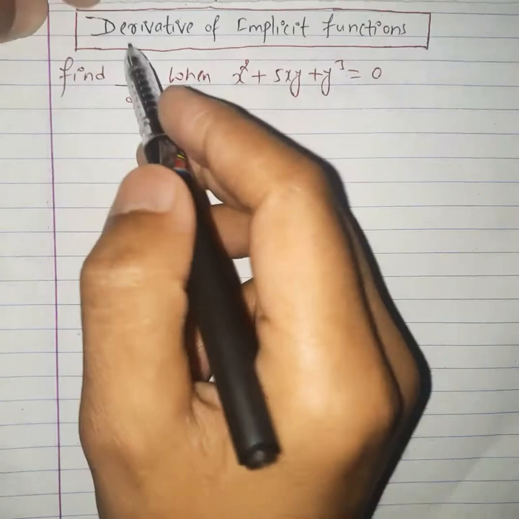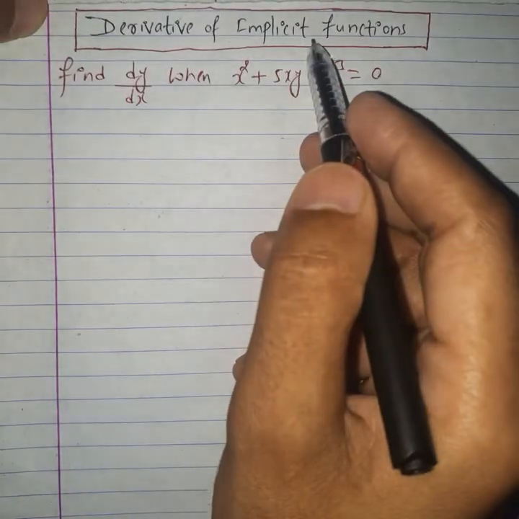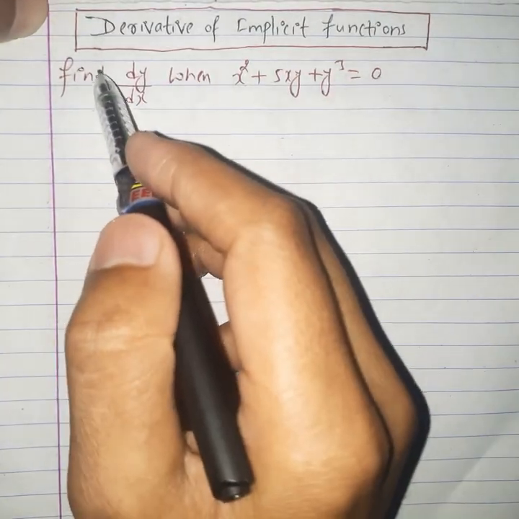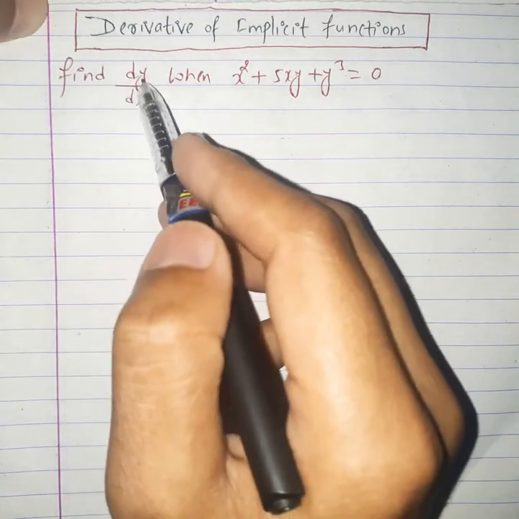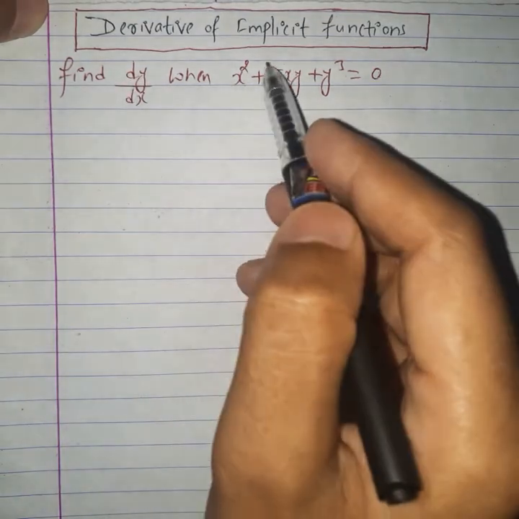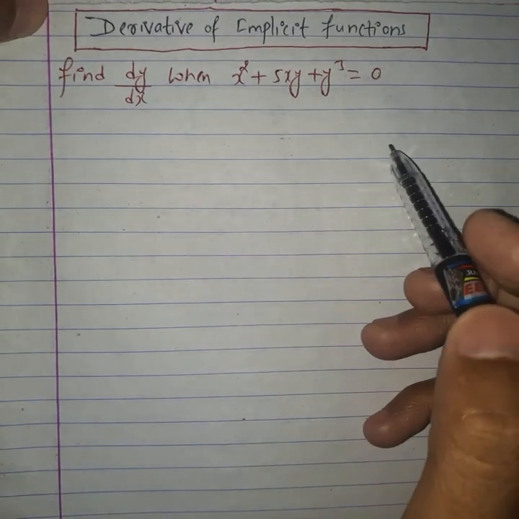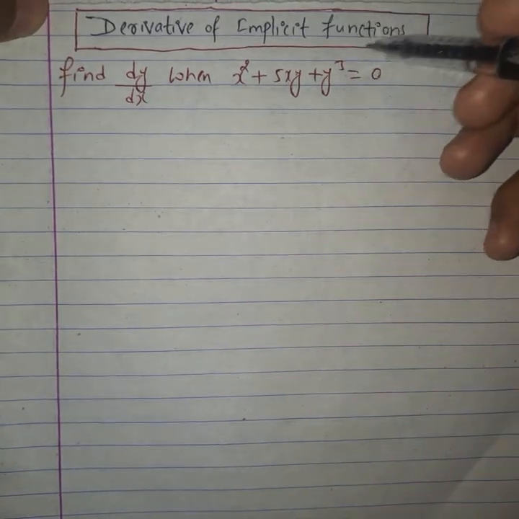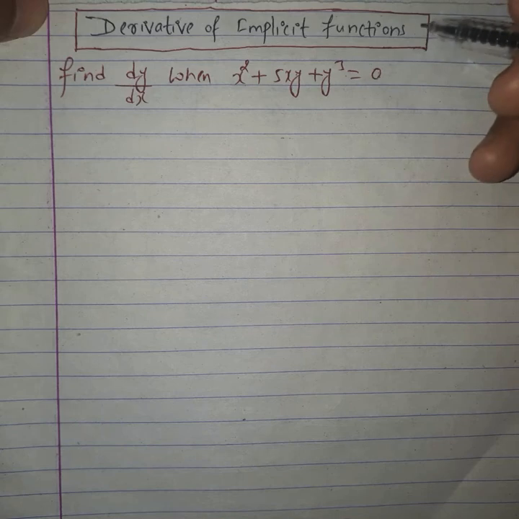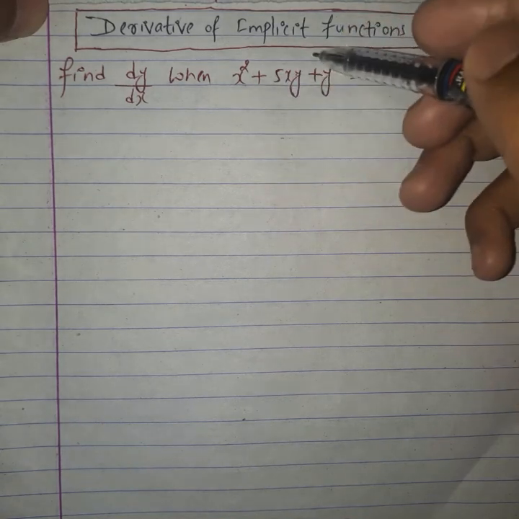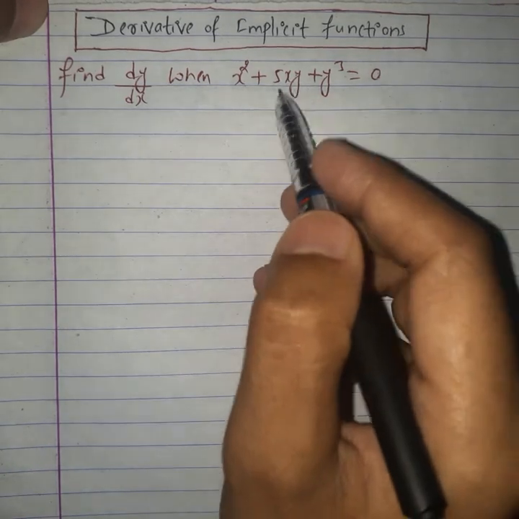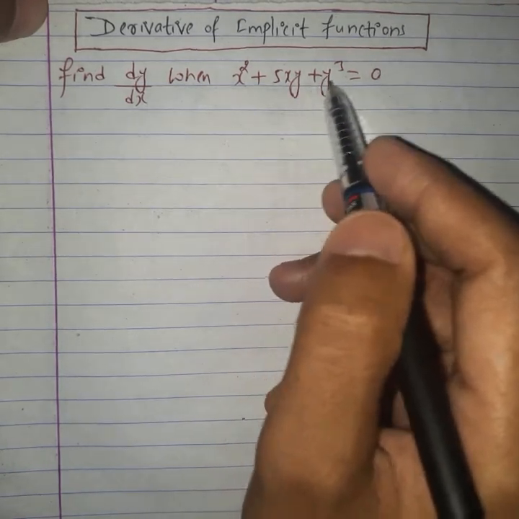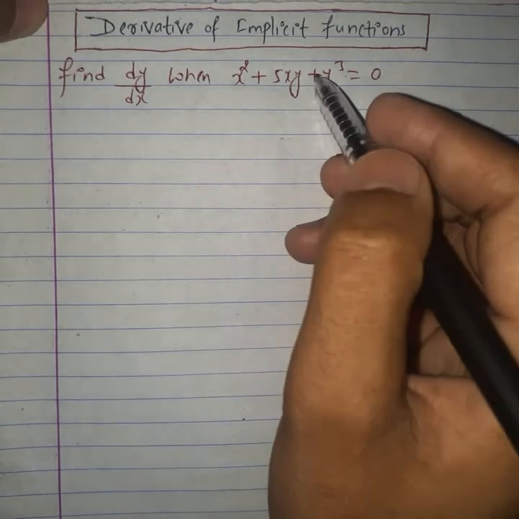Here today's topic is the derivative of implicit function. Here I have taken a question: find the derivative dy by dx when this equation is given. Implicit differentiation helps us to find the derivative of a function without expressing y in terms of x.